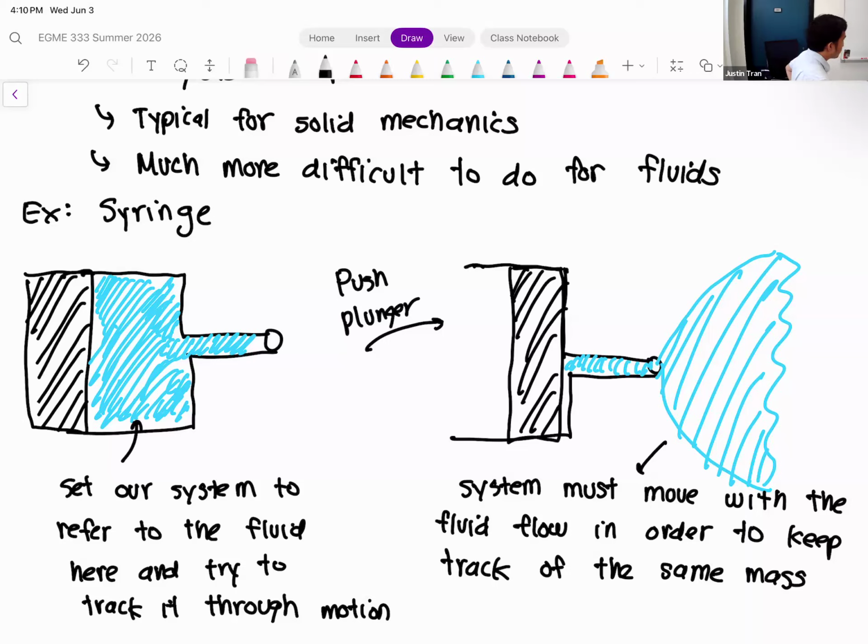So even for a relatively simple case like this syringe, that becomes very difficult to do.